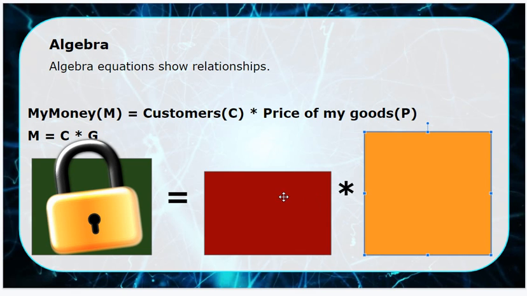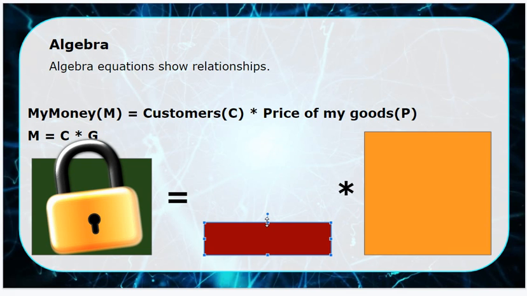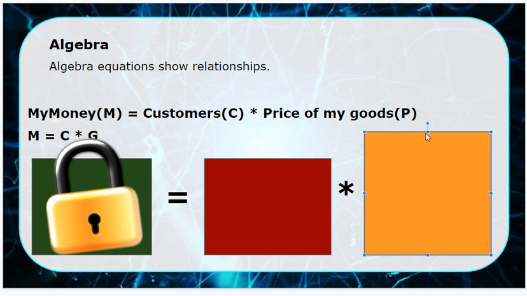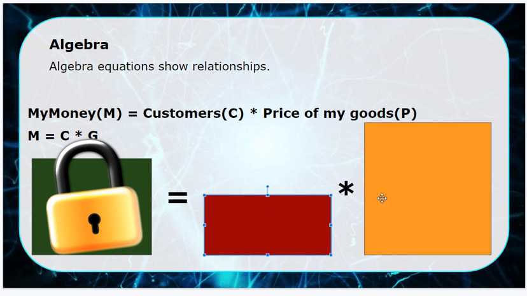Well, what must that mean? If you raise your prices but your money doesn't change, that must mean that you're getting fewer customers. So when you have this multiplication relationship and this is locked, when one goes up, that makes the other one go down. When one goes up, that makes the other one go down when there's multiplication.